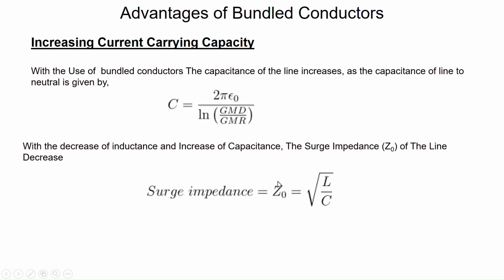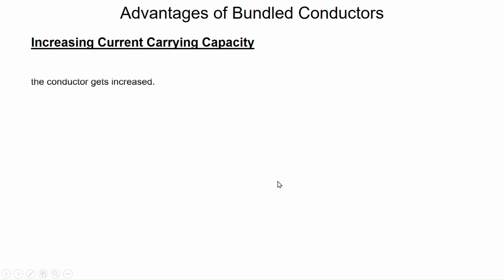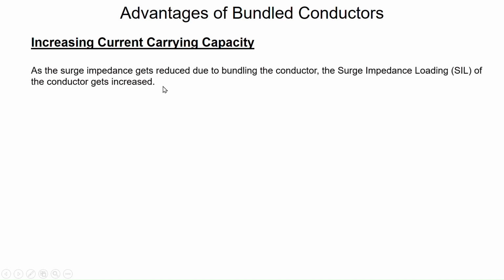When the surge impedance gets reduced due to bundling the conductors, the surge impedance loading of a conductor gets increased. That is, the current carrying capacity or power carrying capacity of a line conductor gets increased. What is surge impedance loading?